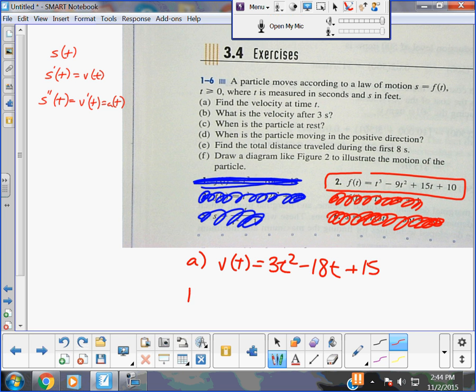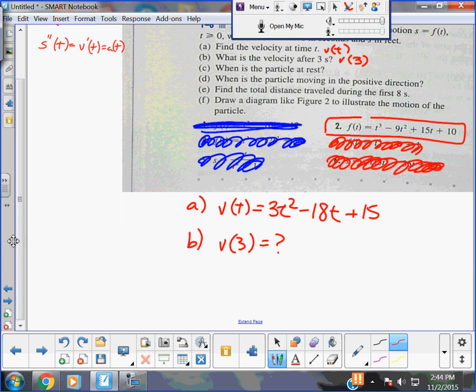Then it says in letter B, what is the velocity after 3 seconds? Oh, okay, so letter B is asking for v of 3. Right? That's what this is. This is v of 3, this is v of t. Alright, so, got to grind it out. Got to stick 3 in. Not make any math mistakes.